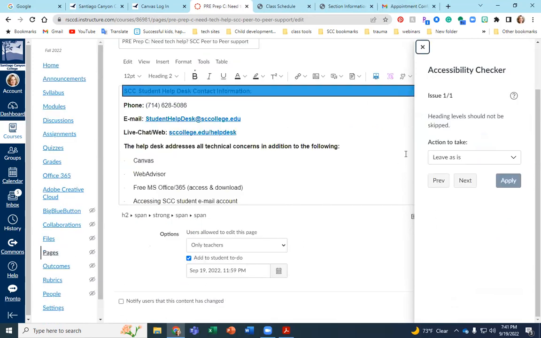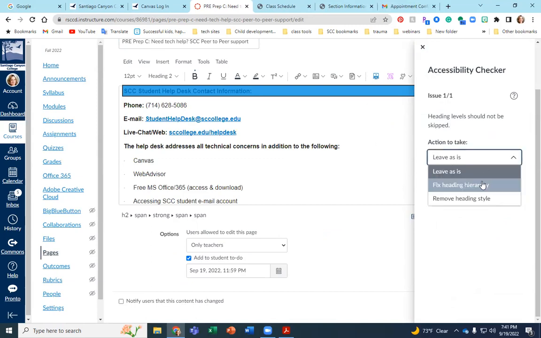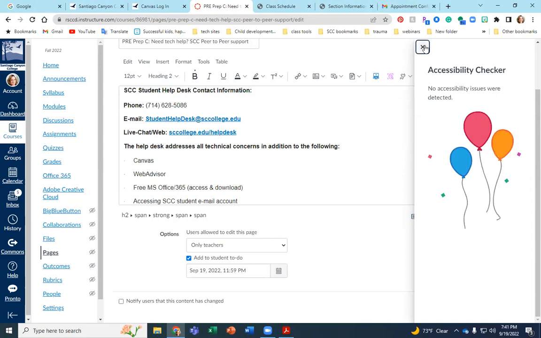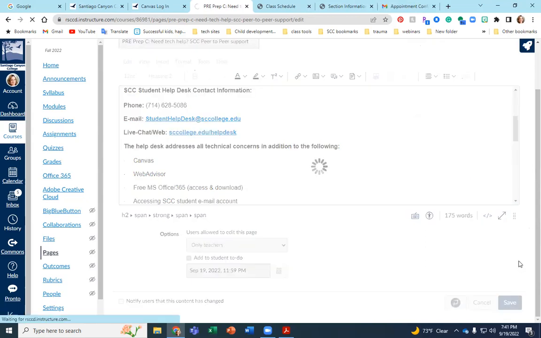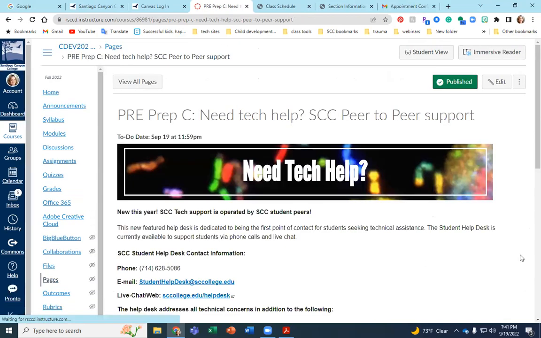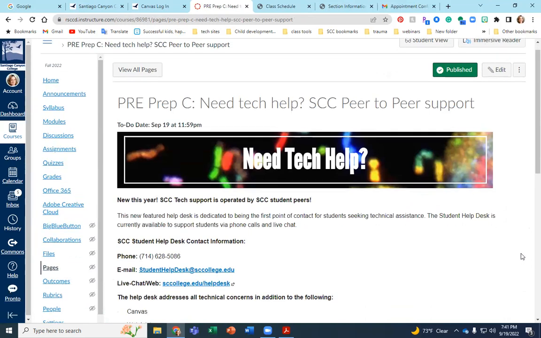I'm going to hit apply. And then it's telling me I didn't do the headings in the right order. This is where a screen reader reads stuff. So I'm just saying, hey, fix the heading hierarchy, and we're done. If you guys see anything like that, let me know, and I will make sure that it's accurate. I'm teaching accessibility, so why wouldn't I present accessibility?